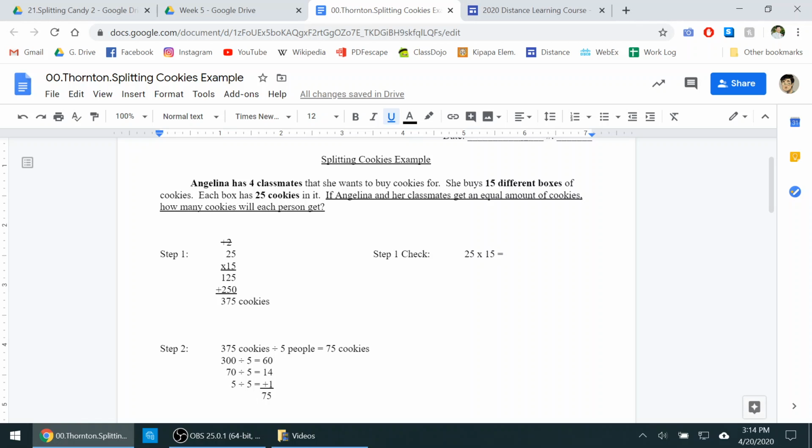We can go ahead and break up 25 since that's the bigger number. We can break that up into 20 and 5. Let me go ahead and turn off the underline there. So we can do 20 times 15 and 5 times 15.